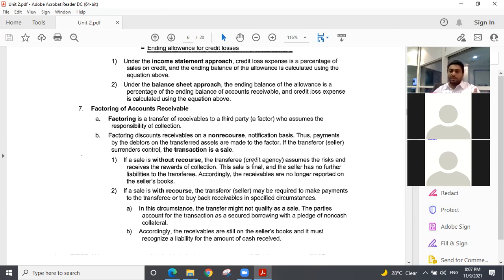So the service provided by the bank or credit card company is factoring. Who takes the responsibility? For example, my card is a FAB card, First Abu Dhabi Bank. If I swipe the card in a shop, the shopkeeper will receive the money at the same time. But who is taking the responsibility of collection from me? FAB. So that is how factoring happens.